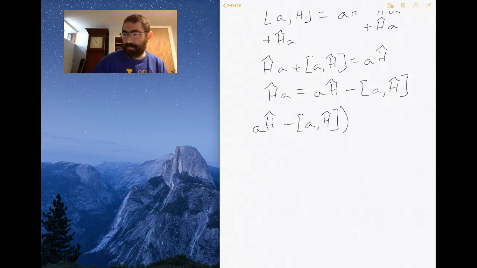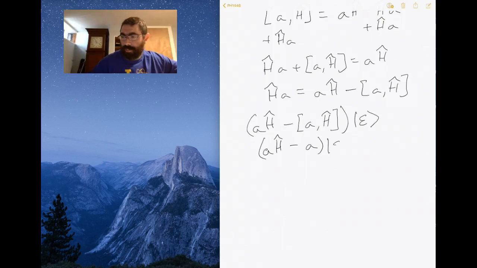Okay, so now let's apply that to the dimensionless energy eigenstate. Well, the commutator we just worked out was A. So that's AH minus A times the energy state, which we can now break up, and we have AH operating on the eigenvector minus A operating on the eigenvector.